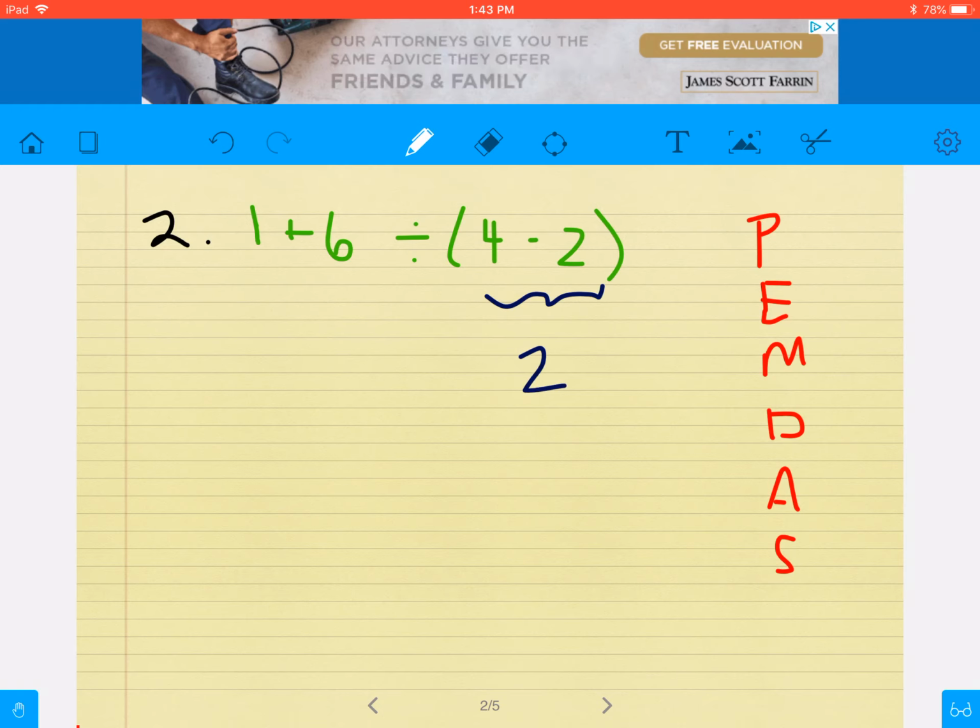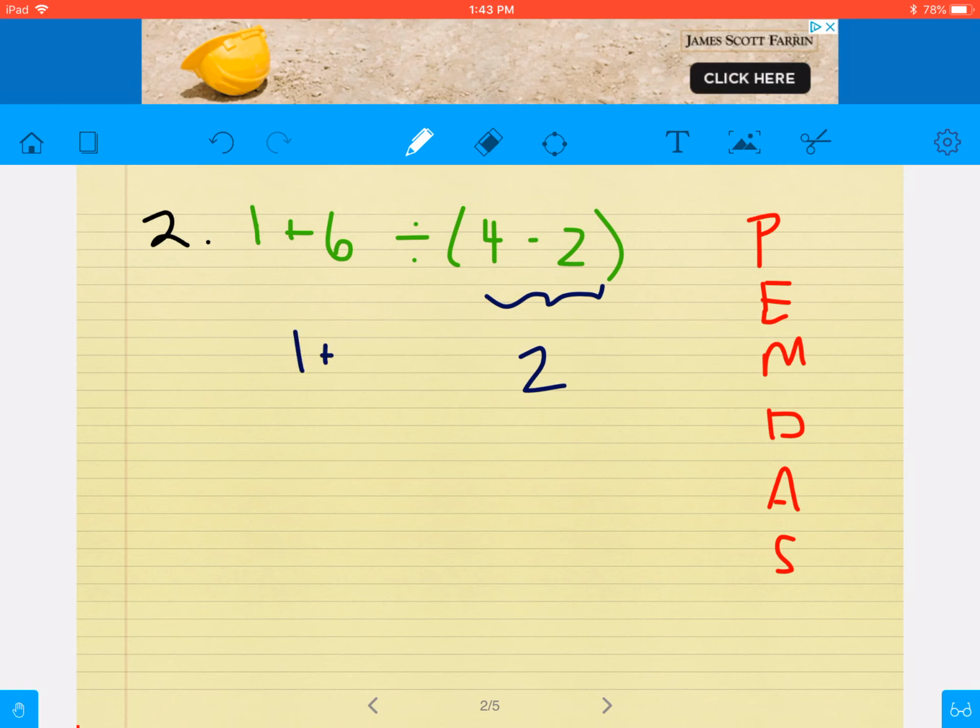And bring down that 1 plus 6 and that divide symbol. We can check off our P because we have done parentheses. Check and see if there's any exponents. No. Any multiplication? No. Division? There is some division. It's going to be that 6 divided by 2 right there, which gives us 3.